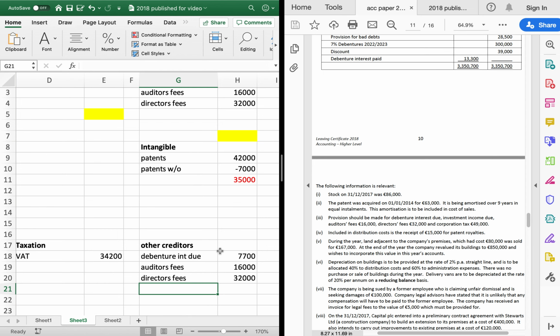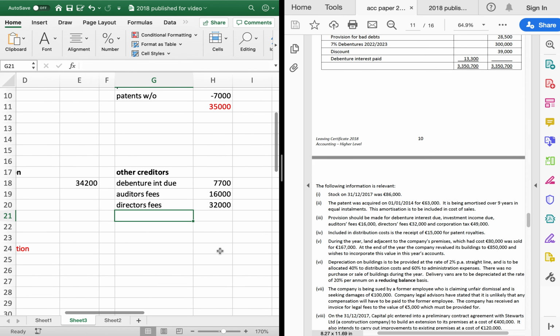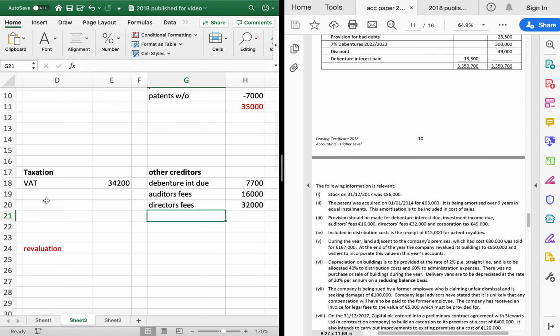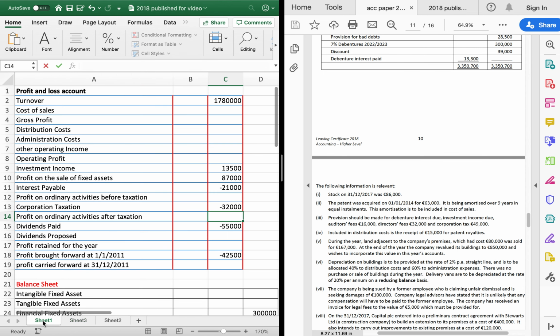okay, the first two of those are other creditors. The corporation tax, it's a creditor, but it's a specific type of creditor, so it's taxation. So the taxation of 49,000 goes in your tax. Sorry, put the word in there.